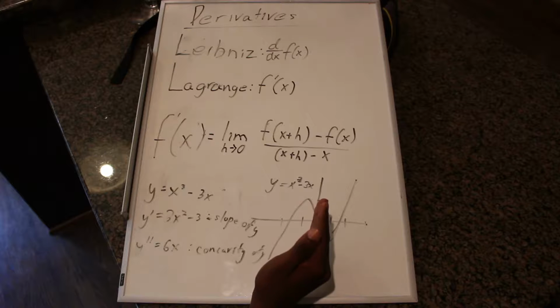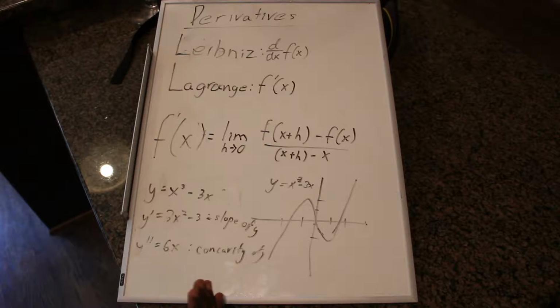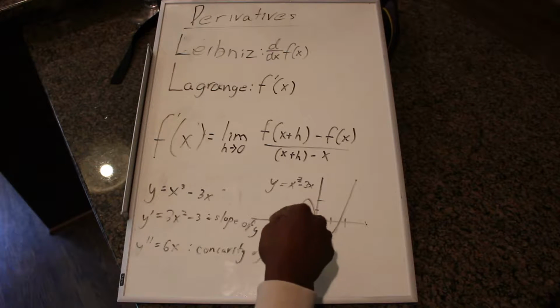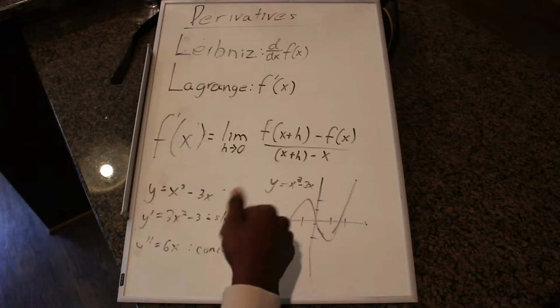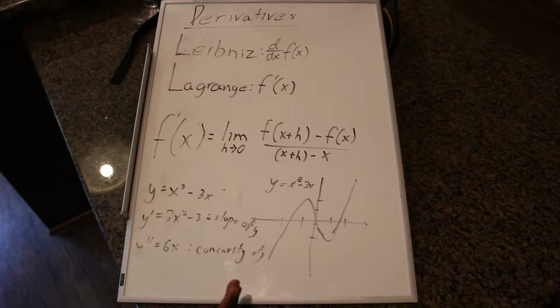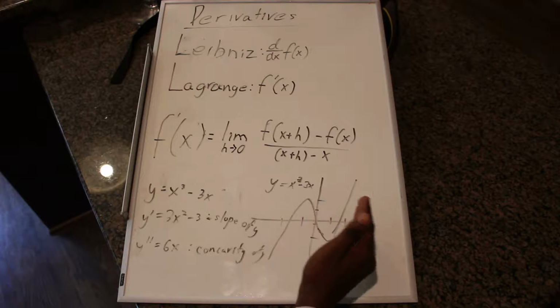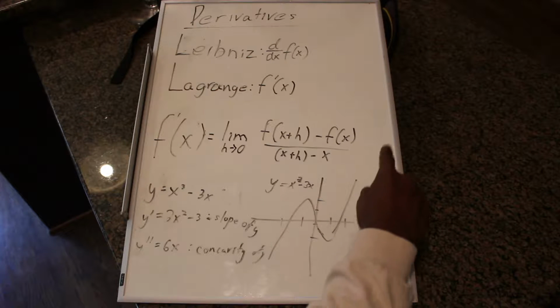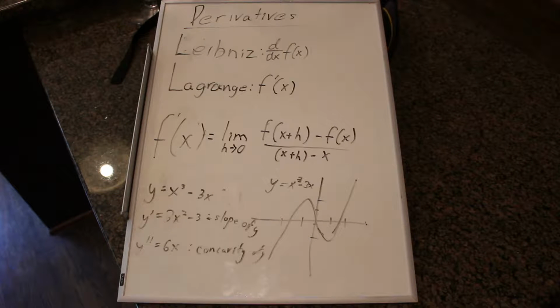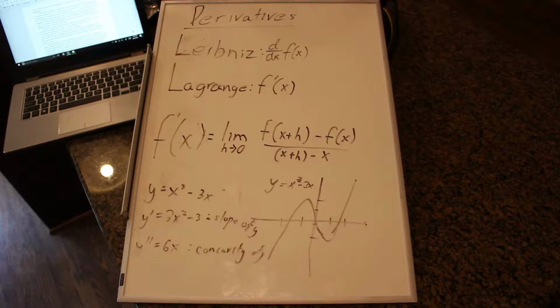Since the concavity is negative for all values less than 0, the curve always curves down for x values less than 0. Since the concavity is positive for all x values greater than 0, the curve curves up for all values after 0. First and second derivatives are the main types of derivatives I'll be focusing on today.